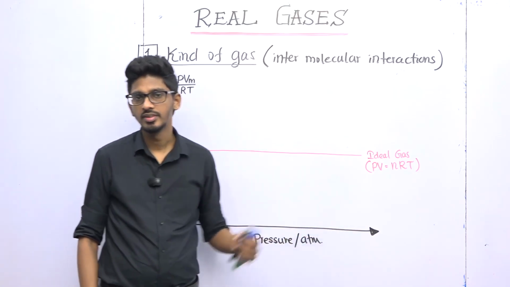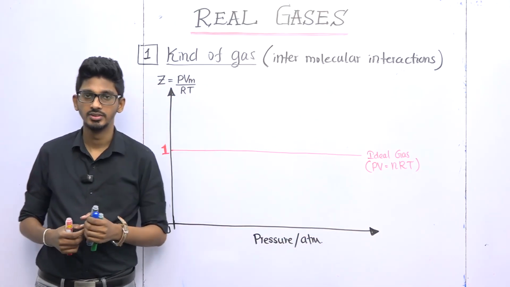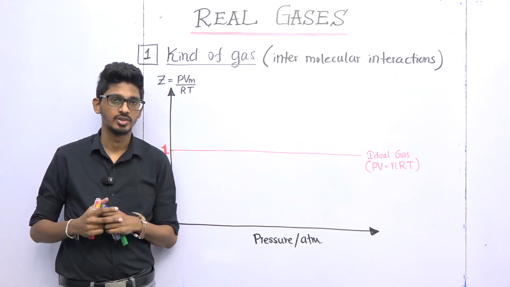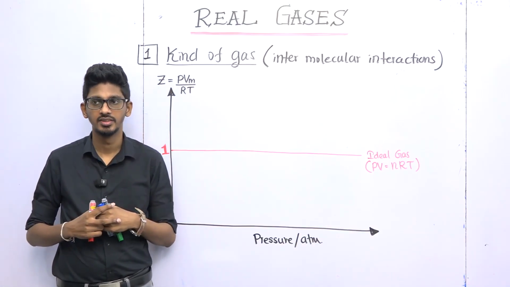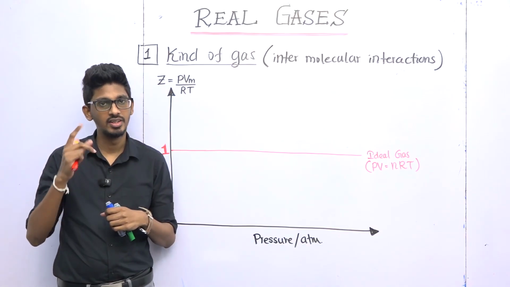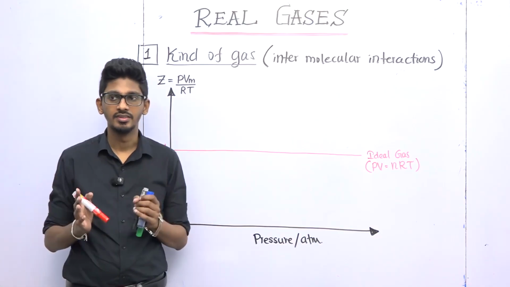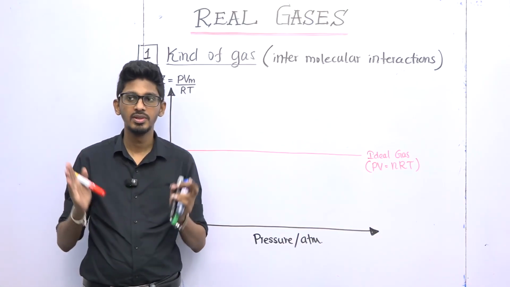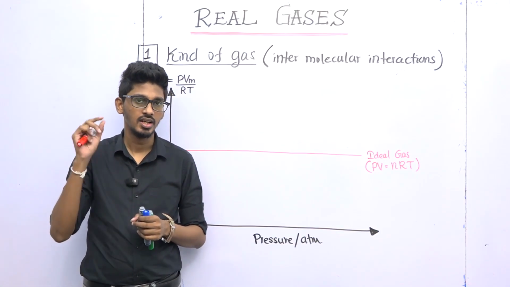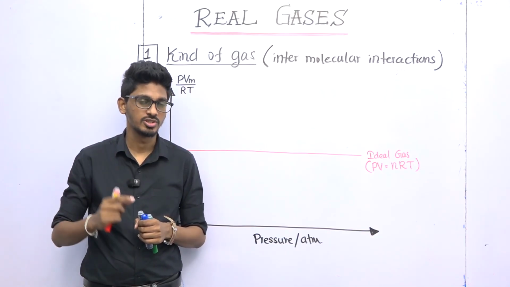Actually, this explains the second description, the short and sweet description of the ideal gas. What we learned in the first day's lesson is that ideal gases are the gases which follow PV equals nRT at any temperature and pressure.